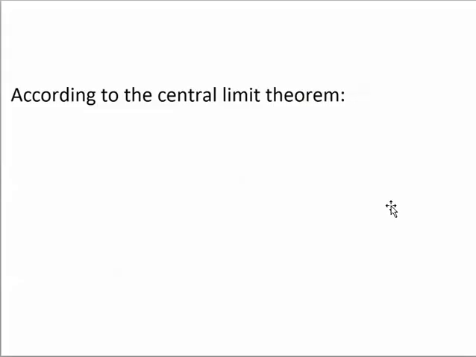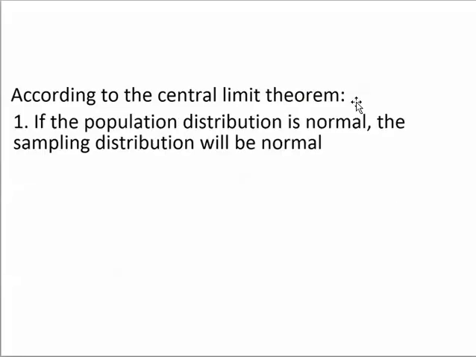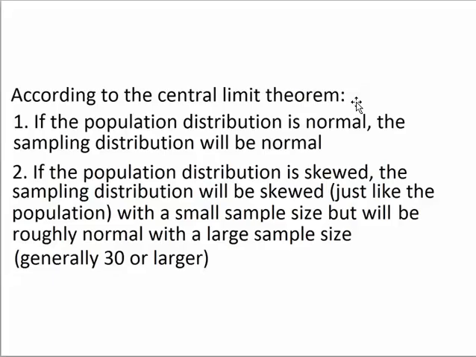First, we need to cover a term called the central limit theorem, which is really just a technical word for something we've already talked about. The central limit theorem says that if the population has a normal distribution, the sampling distribution is always normal. And if the population is skewed, the sampling distribution is skewed just like the population with a small sample size, but is roughly normal with a large sample size.